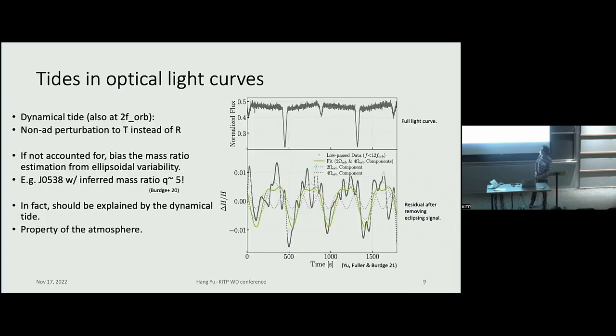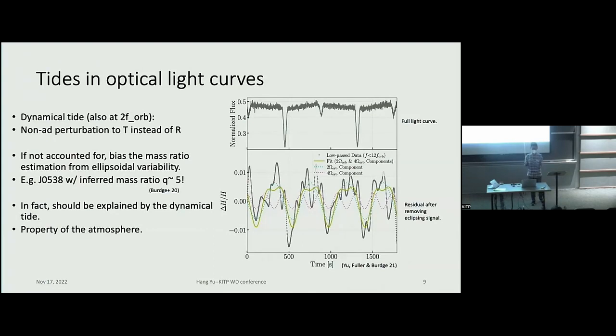So there's one caveat though. We need to be a bit careful when we interpret this light curve oscillation, because the dynamical tide can also induce a signal at twice the orbital frequency. And by the dynamical tide, what I mean is that in this case, the tidal field mostly produces a non-adiabatic perturbation of the temperature of the white dwarf, whereas the ellipsoidal variability is mainly changing the size of the white dwarf.